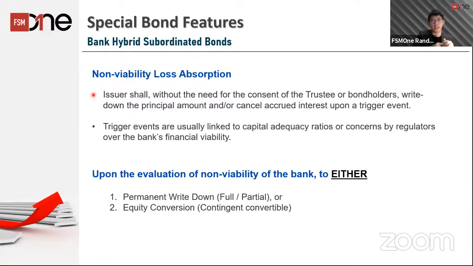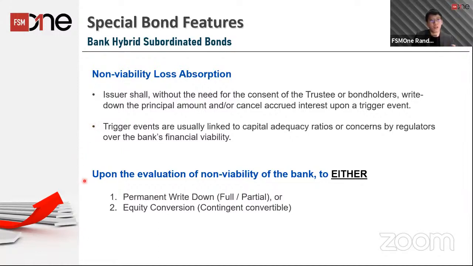And in that case they might not pay you the accrued interest if a specific event happens, and these events normally will hurt the bank capital structure. All these trigger events are usually linked to the capital adequacy ratio and also the judgment made by the regulator, in this case Bank Negara Malaysia, if they have any concern over the bank's financial viability.